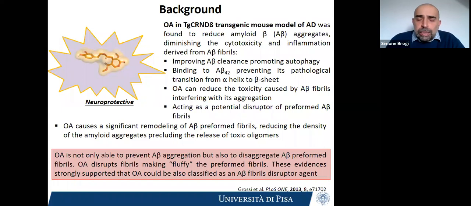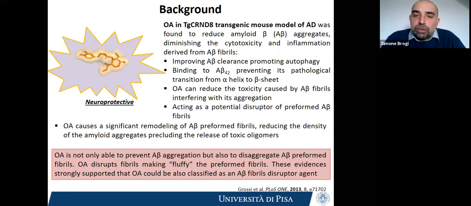It has been demonstrated that oleuropein aglycone is able to improve the clearance of amyloid beta by promoting autophagy, but it is not the only effect. It was found that oleuropein aglycone can directly bind amyloid beta peptides, preventing its pathological transition from alpha helix to beta sheet.